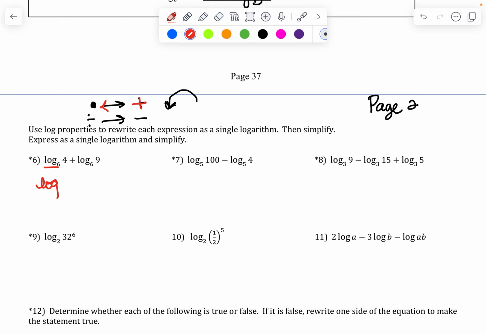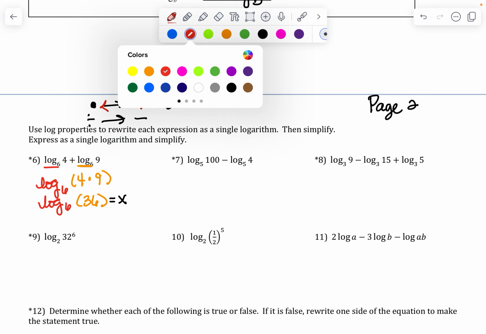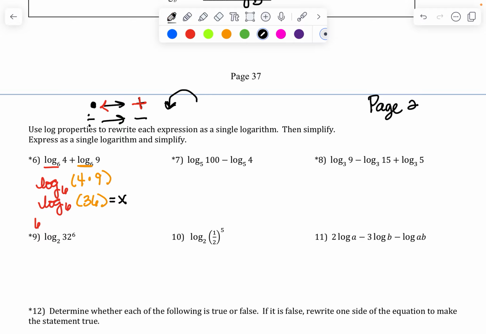So let's do this next one. Reminder, you can go back and forth with these rules. So in other words, I see subtraction right here. So when I see subtraction, I can go back and make it into a division problem. So you take this log of 5, you only have to write it once because you're combining it, and then you're going to have 100 divided by 4, which I'm going to go ahead and bring down my log 5. 100 divided by 4 is actually 25.